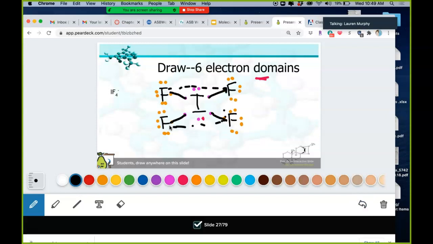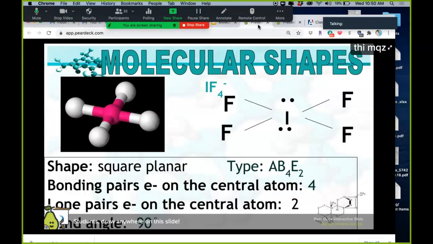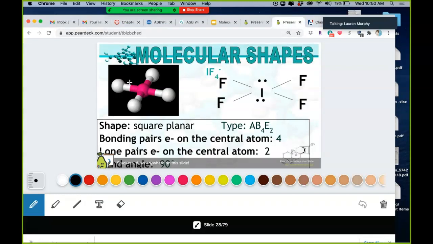And if you didn't notice, the square all lies in the same plane, so they call this square planar, okay? And again, the bond angles are all still 90 between the bonds. 90, 90, 90, 90, and it lies flat.